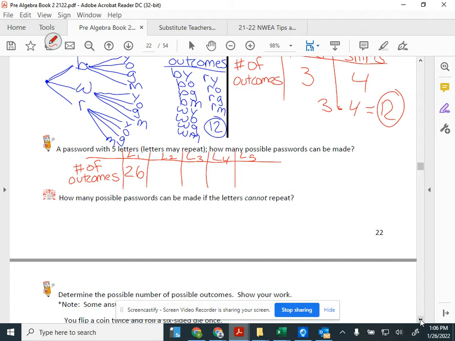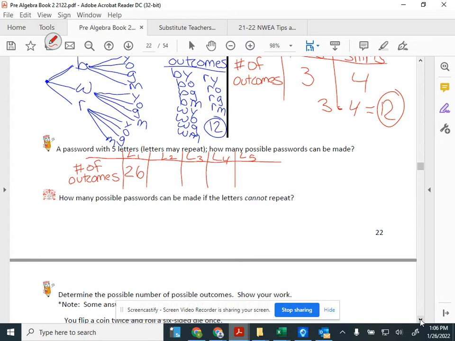Well, it says a password with 5 letters. So that's why we have 5 choices. And letters can repeat, so you can pick any letter of the alphabet, because this is not case sensitive. Sometimes it has to be uppercase, lowercase. This isn't case sensitive, just a letter. There's 26 letters. So for letter 2, how many possible outcomes do I have?